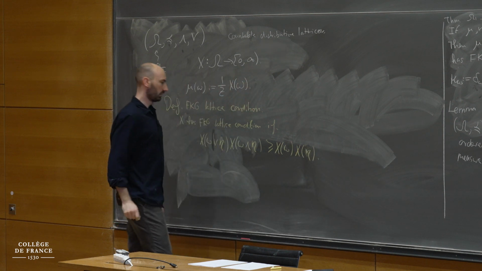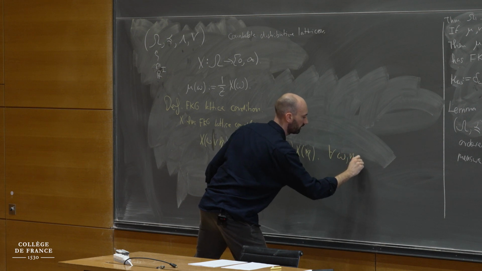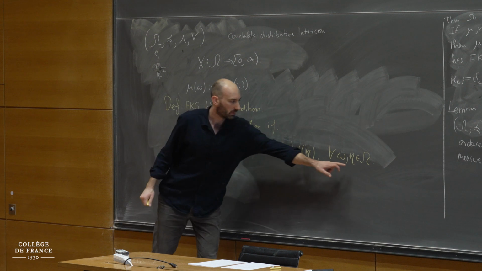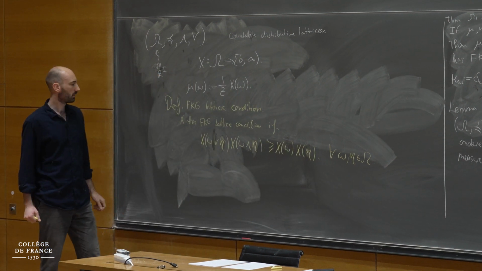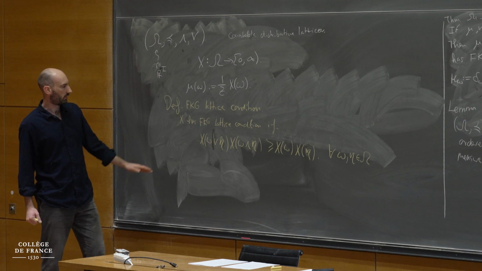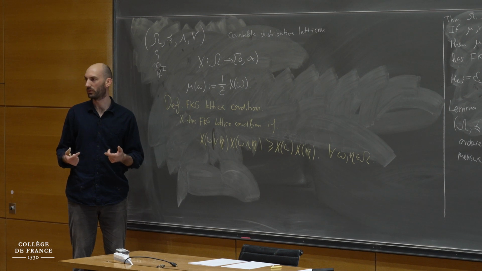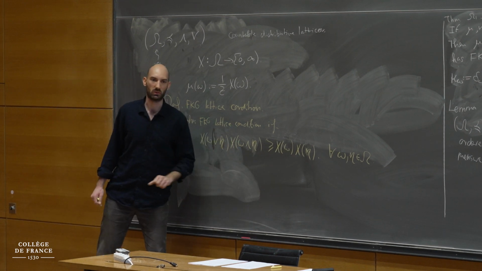So what we say is if we take any two elements in our distributive lattice, then it has a higher weight to consider the maximum of the two and the minimum of the two in this distributive lattice than to consider the original ones.